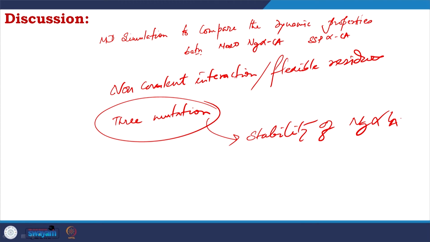And if you look at the MD simulation method, it gives you an opportunity to look at your protein which is not possible with any other techniques. So that is one of the beauties.